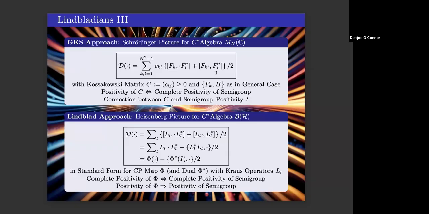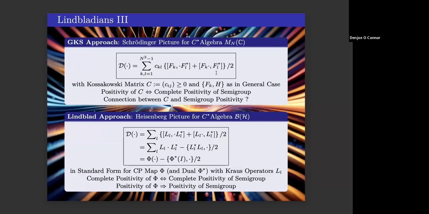So somehow, it looks like positivity should be the easier thing. It should be mathematically easier. But actually, it's harder to characterize. And the nice thing is, we can be very grateful that actually for physics, the easier structure is necessary, because we need completely positive semigroups.